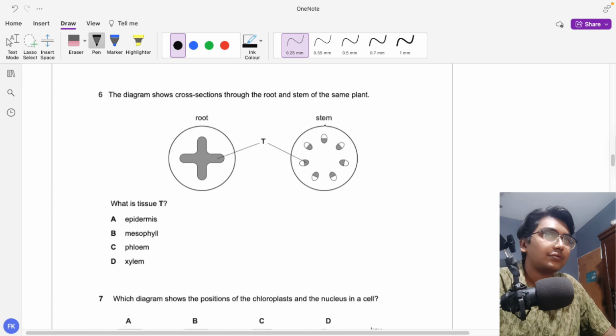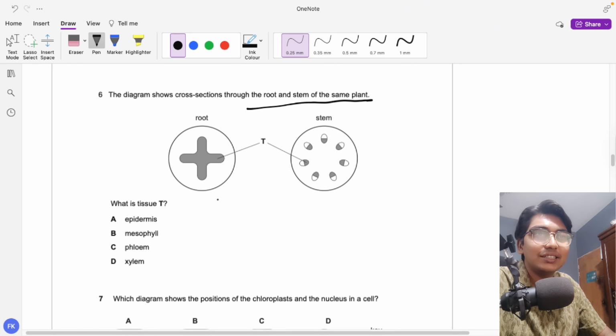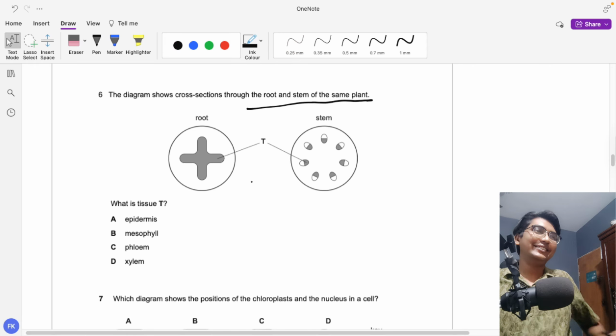The diagram shows a cross section through the root and stem of the plant. Okay, so this is the root and stem of the plant, right? What is the tissue T?